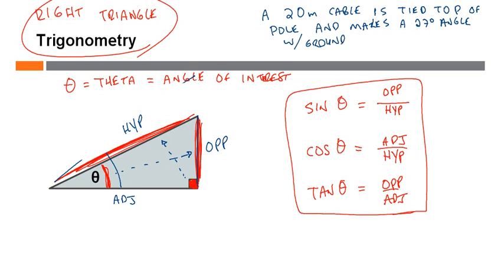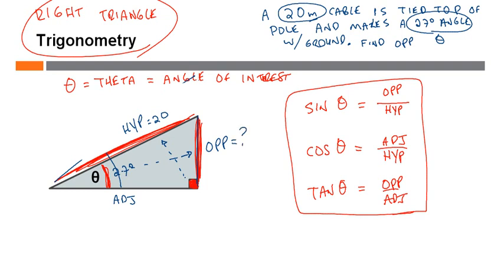Okay, so in something like that, here's theta. I see that 27-degree angle. That's my angle. So I could go ahead and put a 27 right there. And I see this 20-meter cable. I've got a pole that's going upwards, and my hypotenuse is 20 like that. Maybe they come along and ask me, find the height of the pole, find the opposite. Okay, so I'll put a little question mark right there.